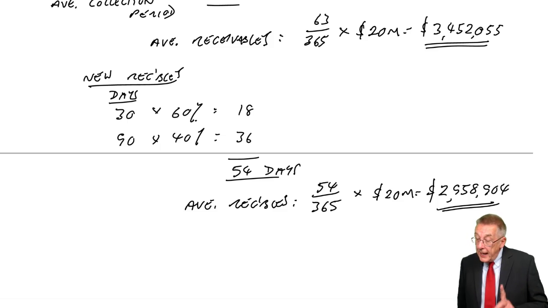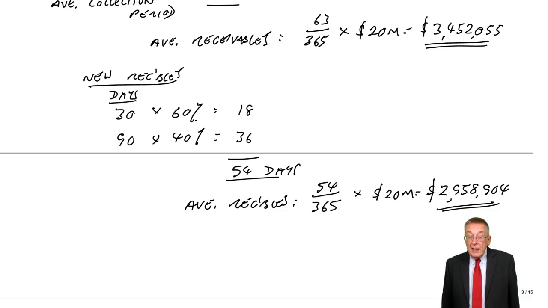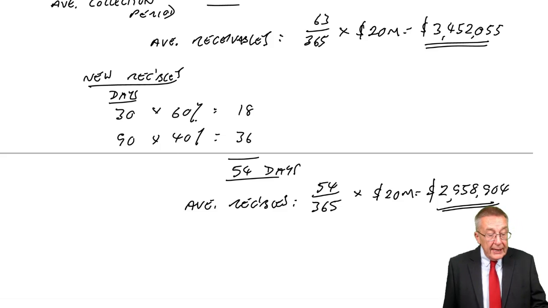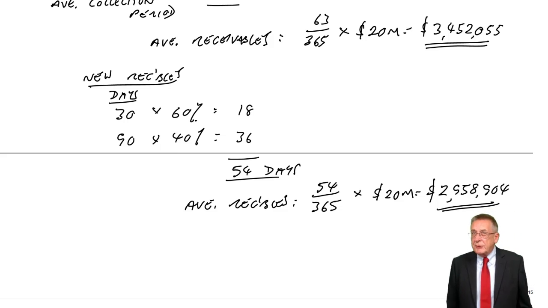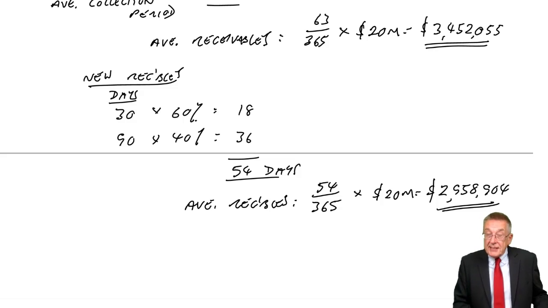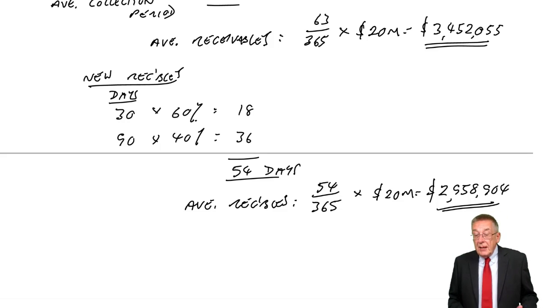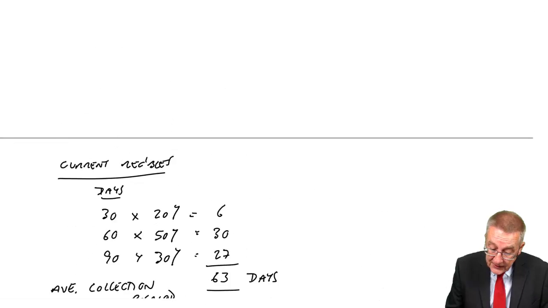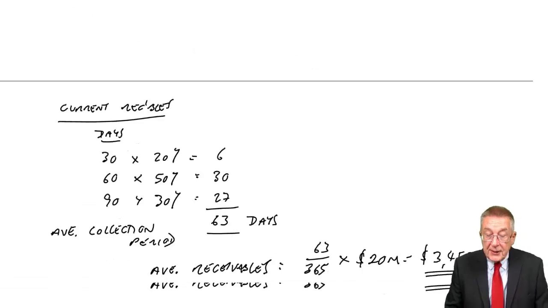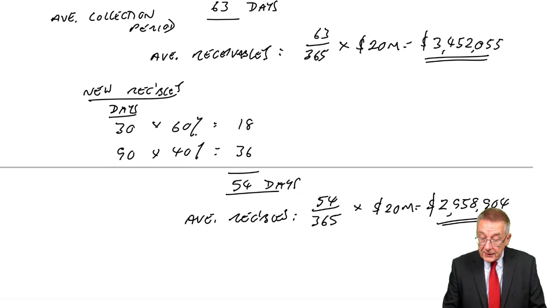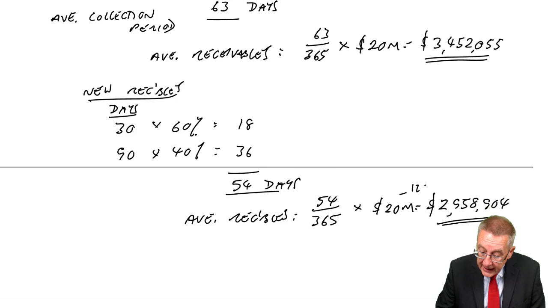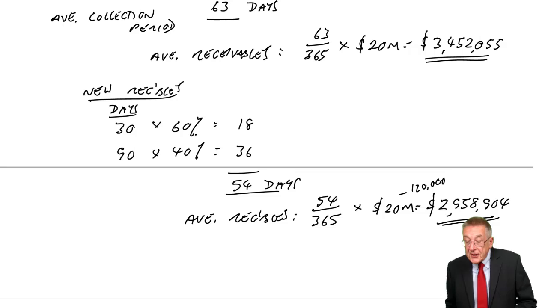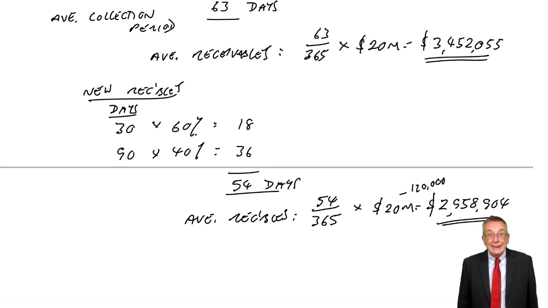Now, some of you may have a little query there. You see, I've taken it at 20 million. In fact, of course, we won't actually receive 20 million because of that discount. And so what you can do, it's arguable to be honest, you could say, well, since the discount is 120,000, perhaps we should take 54 over 365 of 20 million less 120,000.